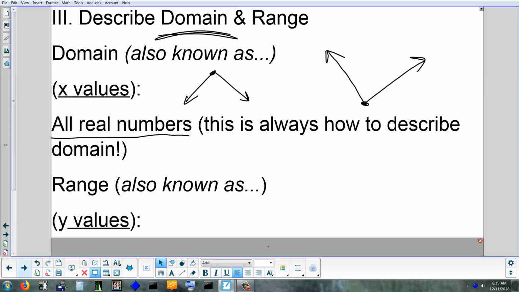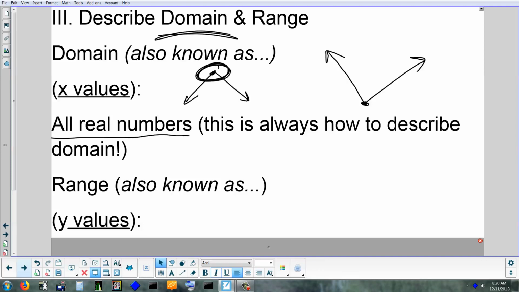So in that case, look at the arrows. It's going down forever, right? So the whole key is you've got to find this value. And what do you call that? Does anyone remember that? Where it starts to change direction. The vertex. So your range is always every point from the vertex and up, or every point from the vertex and down. So always one of those two.